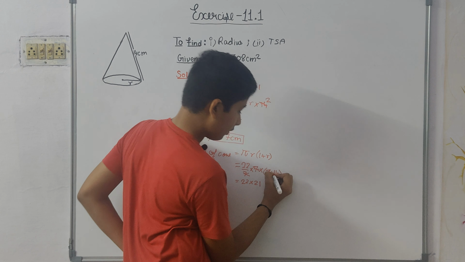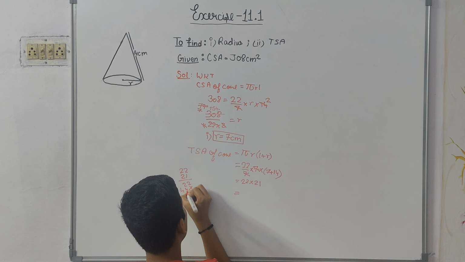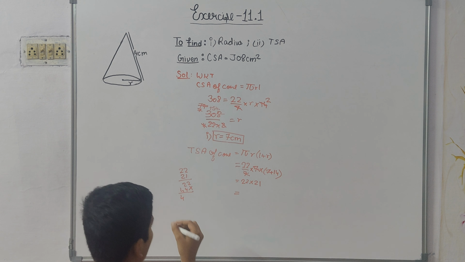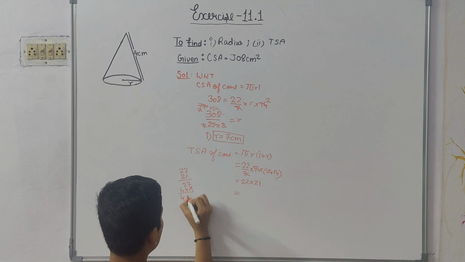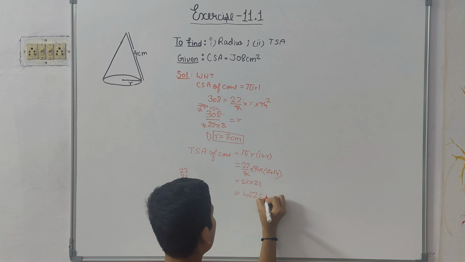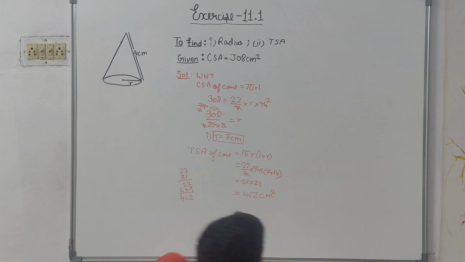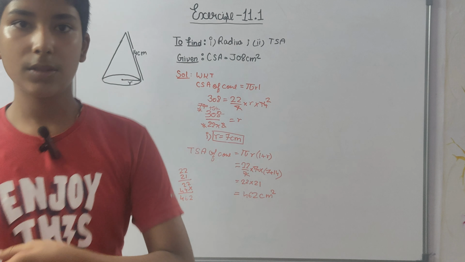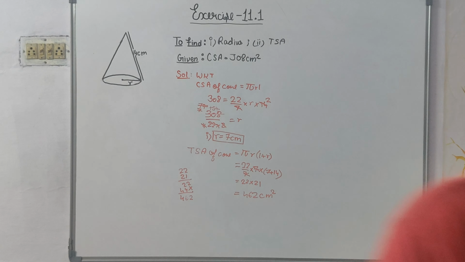So our answer will be 462 centimeter square, which is the total surface area of this cone. Now let's come to the next question.